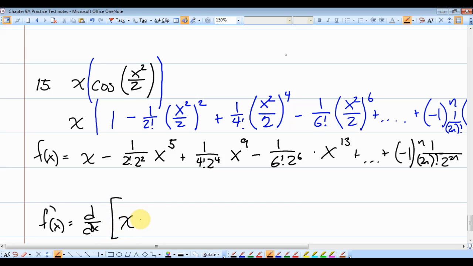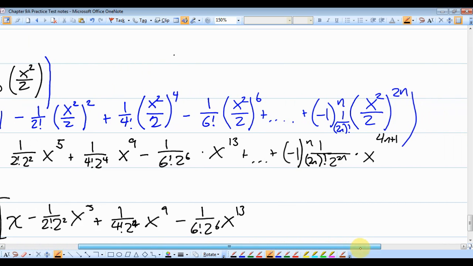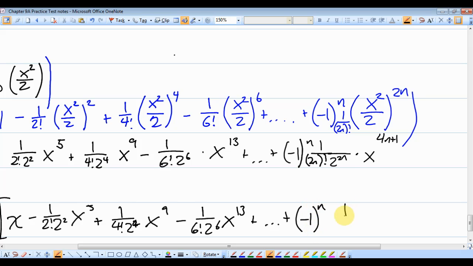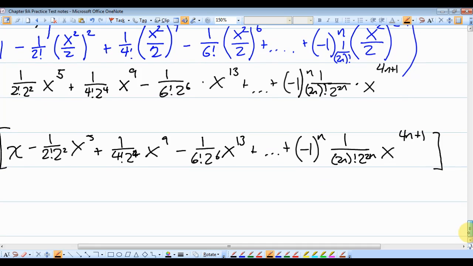So the derivative of x minus 1 over 2 factorial 2 squared x to the 5th plus 1 over 4 factorial 2 to the 4th x to the 9th minus 1 over 6 factorial 2 to the 6th x to the 13 plus negative 1 to the n 1 over 2n factorial 2 to the 2n power x to the 4n plus 1. So you're just taking a derivative of everything.